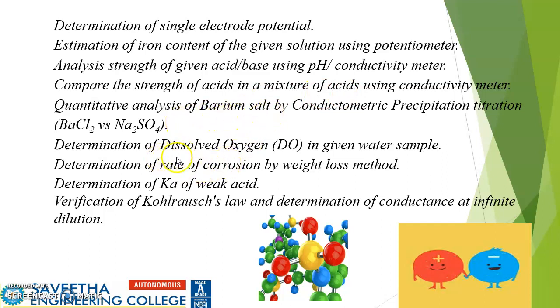You'll also be finding dissolved oxygen, which plays a very important role as far as corrosion is concerned. We'll also be determining the rate of corrosion by weight loss method, then the ionization constant for a weak acid, and the law we study there, Kohlrausch's law, will be verified experimentally.